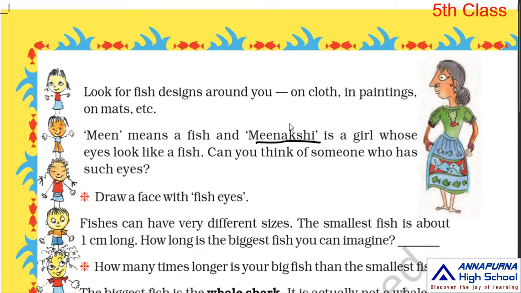Meaning is one with fish shaped eyes. Meenakshi: Meena, Akshi. Meenakshi means one with fish shaped eyes. That's why here, a girl whose eyes look like a fish. It is derived from the words Meena, meaning fish, and Akshi, meaning eyes. So it looks like fish eye shaped.